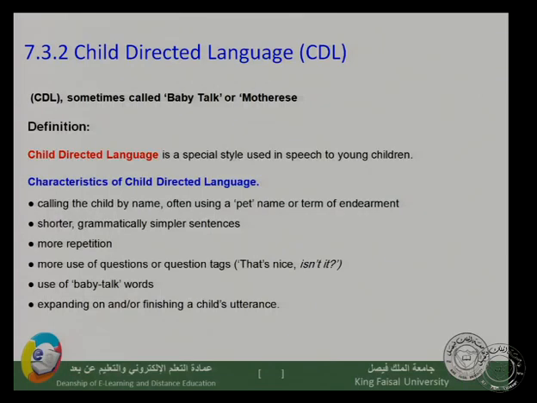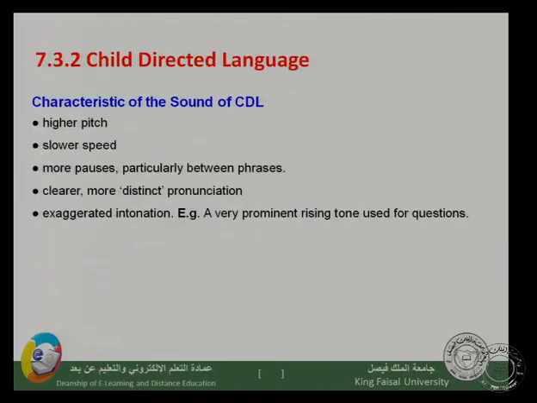So those are some of the characteristics of the child-directed language that we use when we make conversation with little children. Then we move to characteristics of the sound of the CDL.